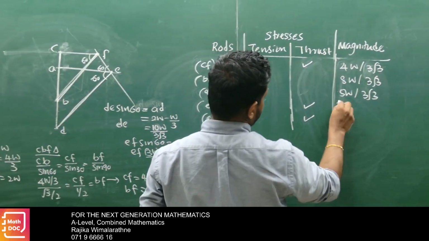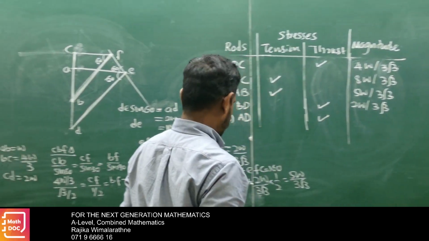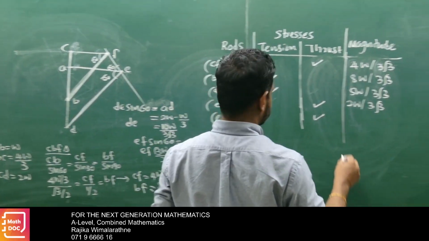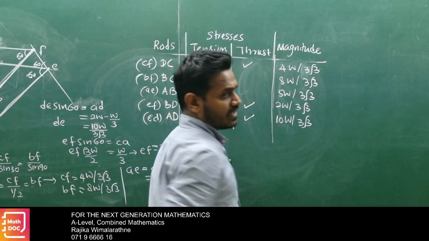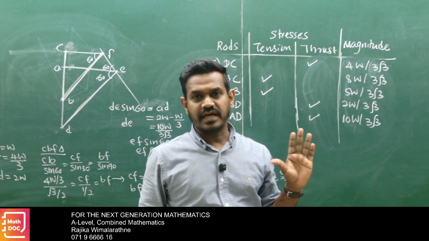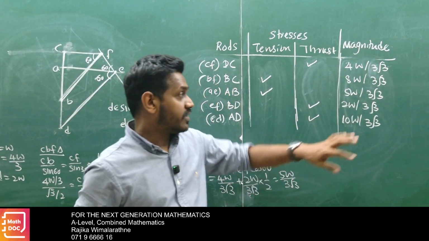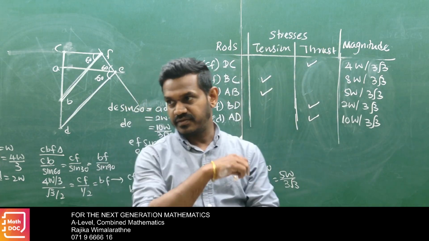EF, 2W over 3√3. ED, 10W over 3√3. Check your answers. Usually it is better to rationalize the denominator: multiply by √3 upstairs and downstairs for the final answer.